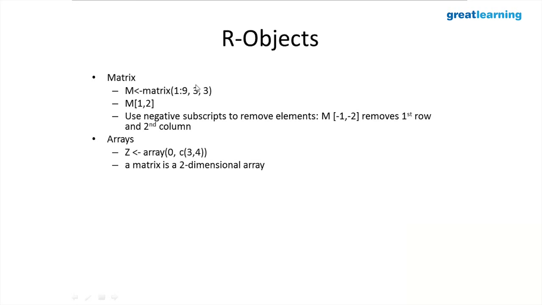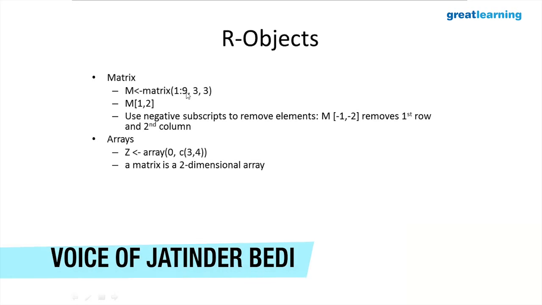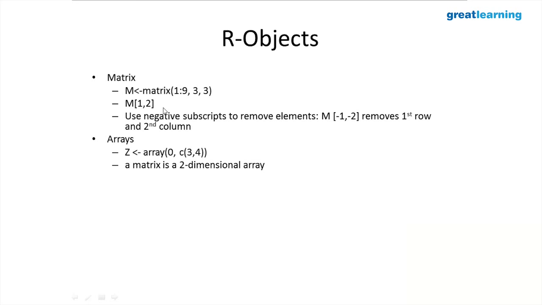Then I'm putting the arguments. Now the first one is 1:9. So what is this 1:9? This first element is for the data which I want to arrange in a matrix. Over here, I'm arranging 1:9, so it means I'm arranging a range of numbers from 1 to 9. For example, 1, 2, 3, 4, 5, 6, 7, 8, 9.